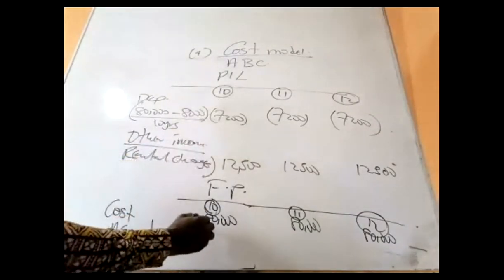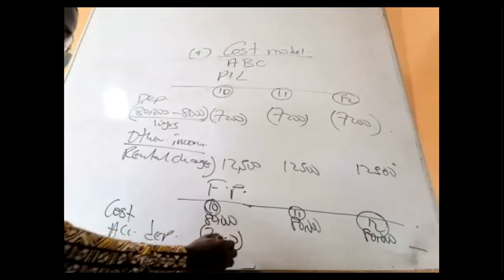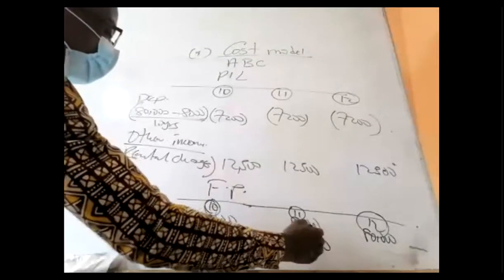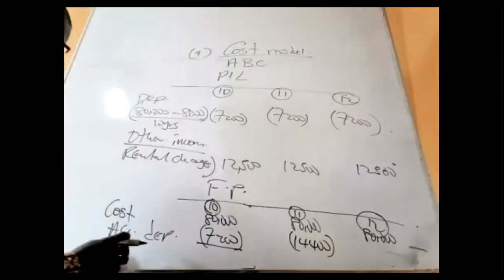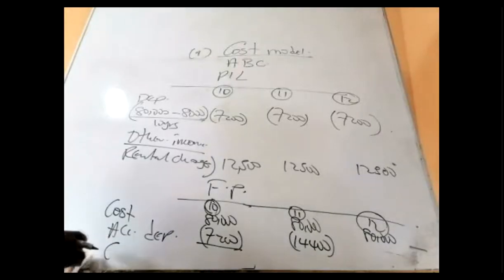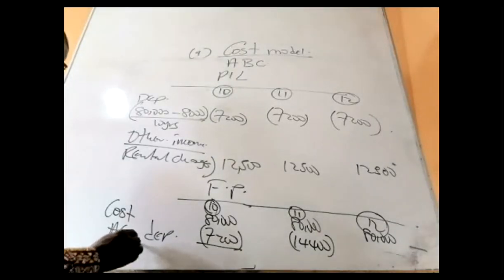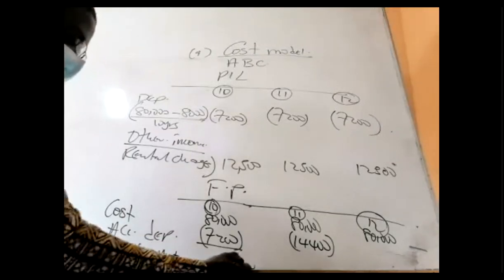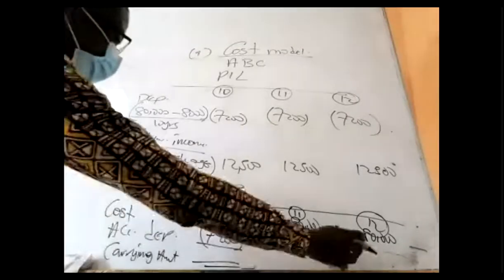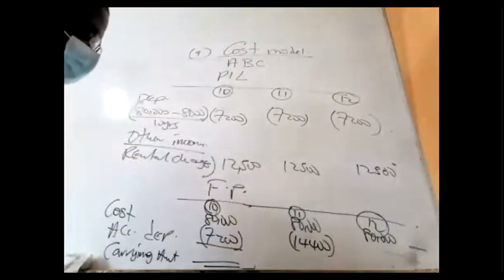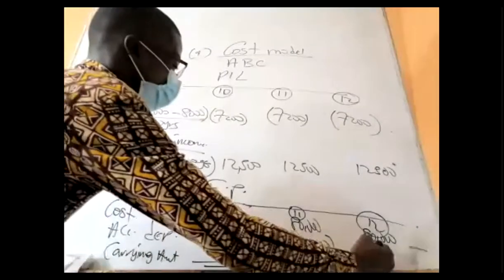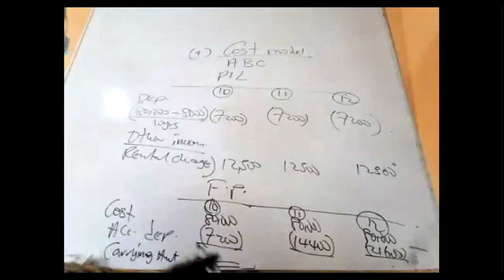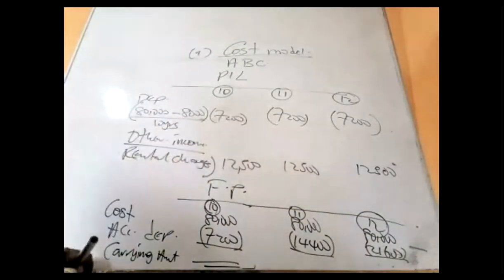The first year is 7,200. We take it off. The second year we add, so we get 14,400. Then you get a carrying amount. Then you double underline it in that order. The same thing, you come here, add 7,200 to this, I get 21,600. If you take it off, now get a carrying value. That is all. So this is how the cost model will look like.